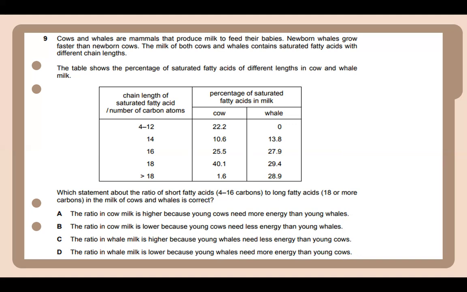Which statement about the ratio of short fatty acids, up to 16 carbons, to long fatty acids, 18 or more carbons, in the milk of cows and whales is correct? The ratio in whale milk is lower because young whales need more energy than young cows.